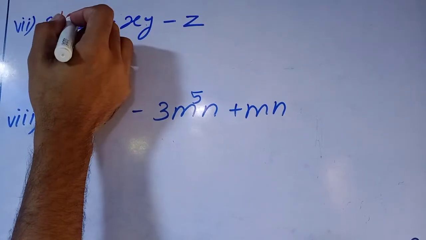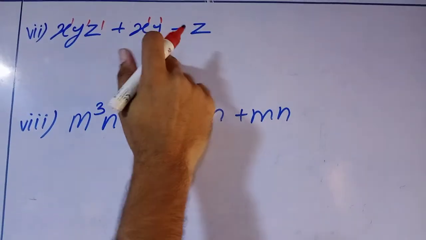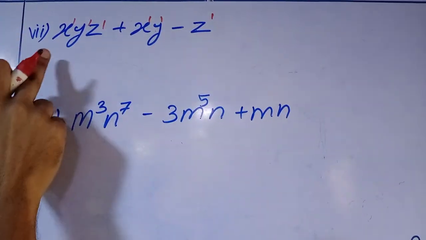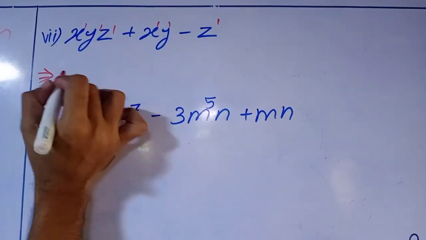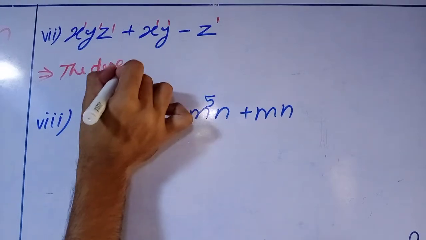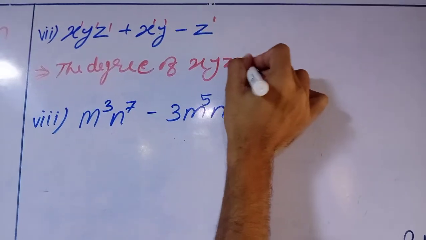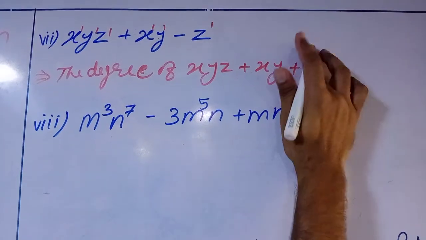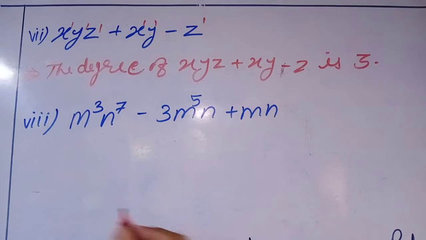Which one is the greatest? 3. So the degree of xyz plus xy minus z is 3.